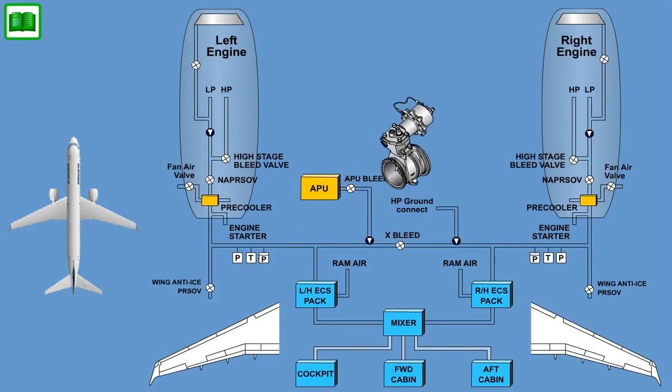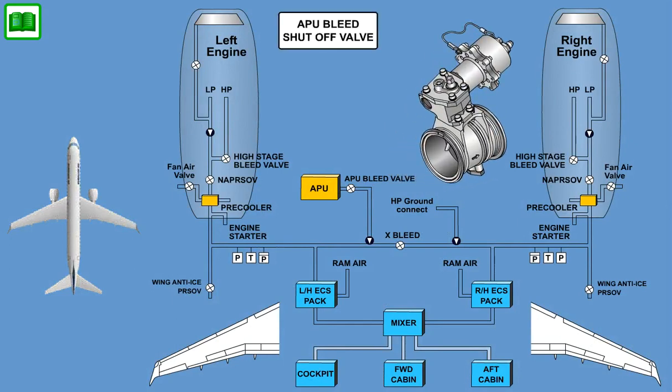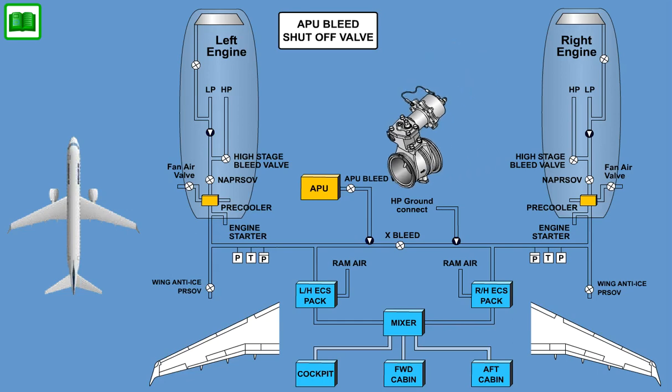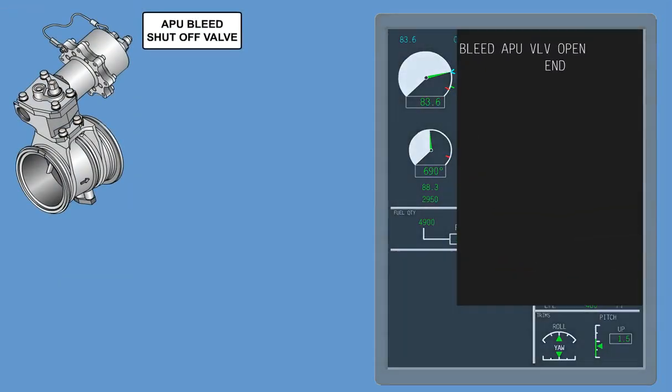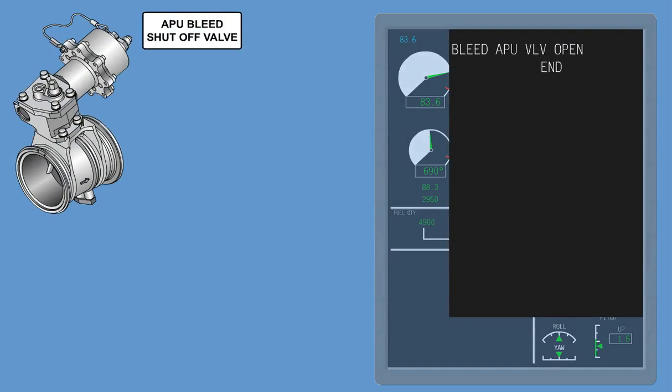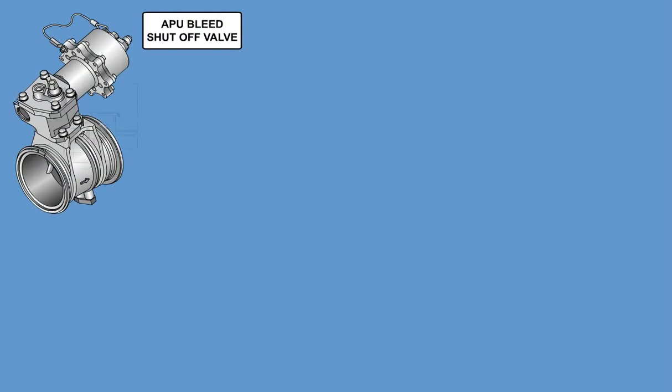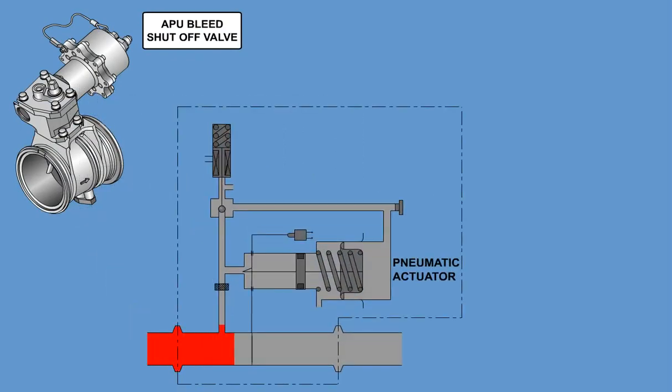The on-off bleed valve is a 4-inch diameter, pneumatically actuated, solenoid-operated on-off butterfly valve. Positive indication of the valve in the open position is provided to the crew through an ICUS message. When bleed air is requested and upstream pneumatic pressure is available, the solenoid is actuated, which allows filtered high-pressure upstream air to fill the actuator cavity.